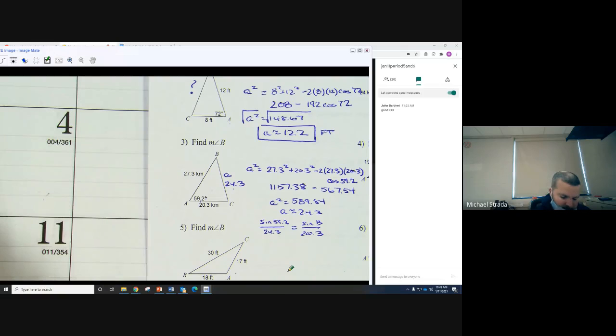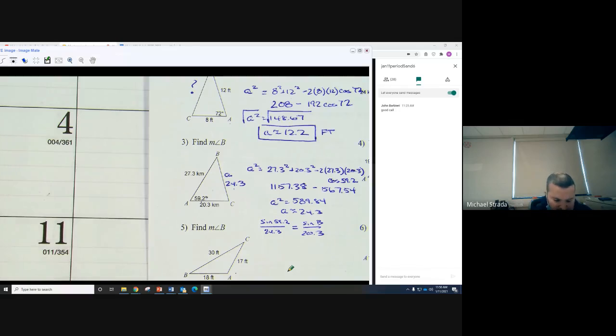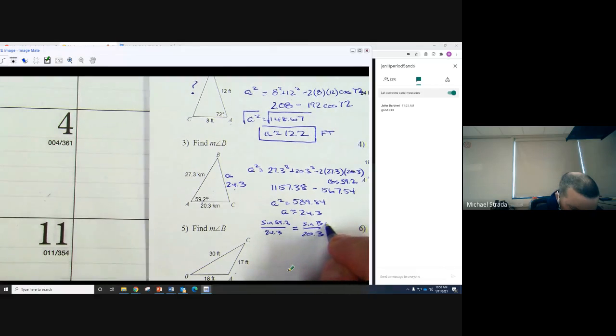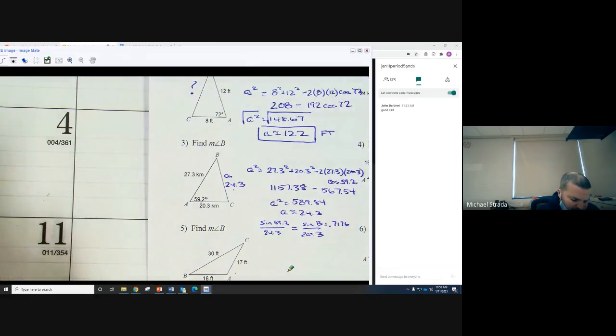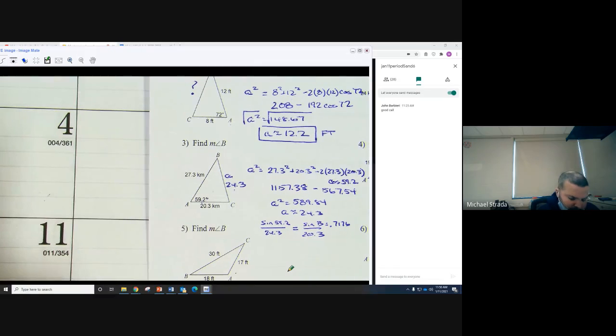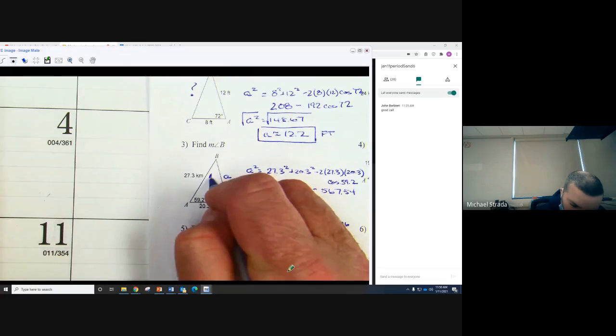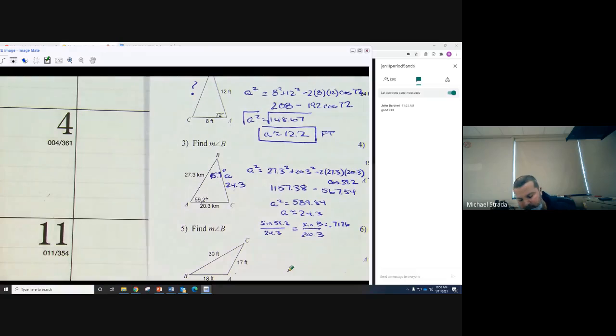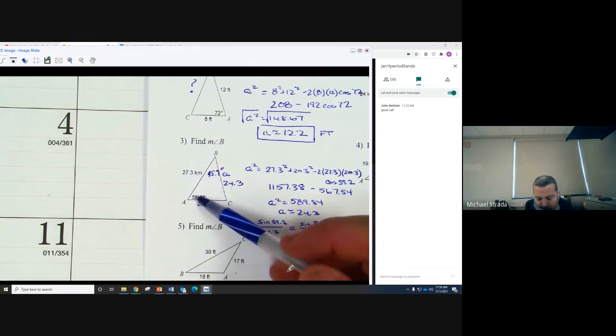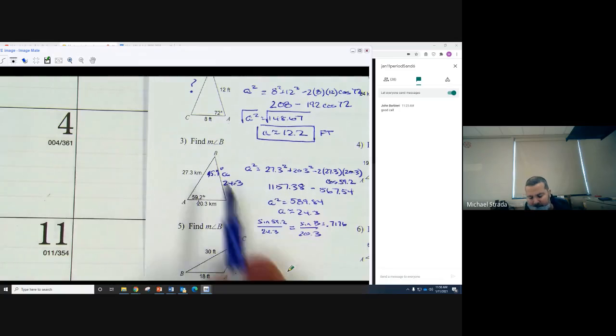Cross multiply, 20.3 times the sine of 59.2 divided by 24.3 gives me a sine of B of 0.7176. And then do second sine, 0.7176. And that comes out to be 45.9 degrees. All right, so when they give you two sides and an angle, your first move is still to find a side, even though they're asking you to find an angle.